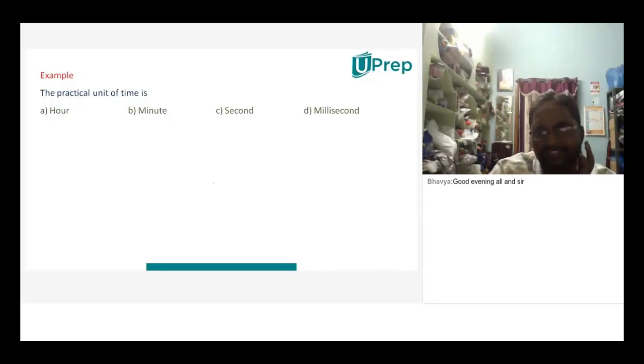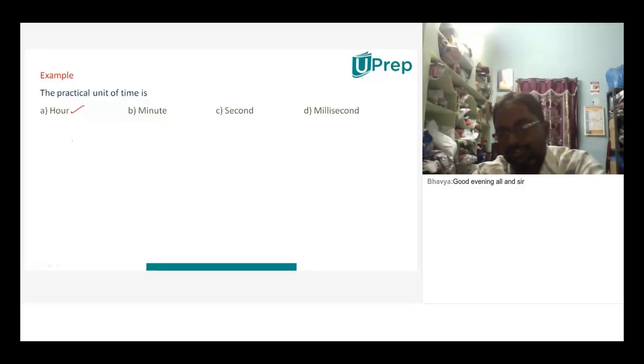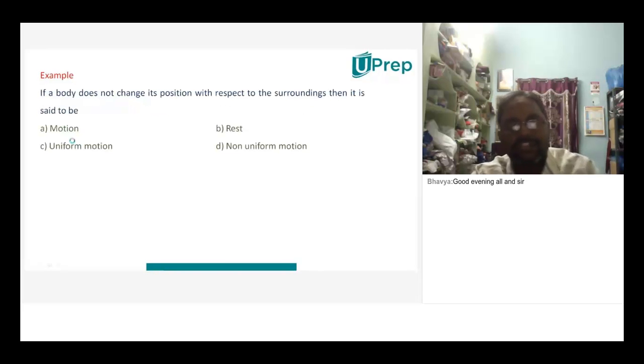Practically, the unit of time will be hour, not minute. You will not say in seconds or minutes. Generally you say 12 hours, 1 hour, 2 hours, like that. That's why the practical unit of time is hour.